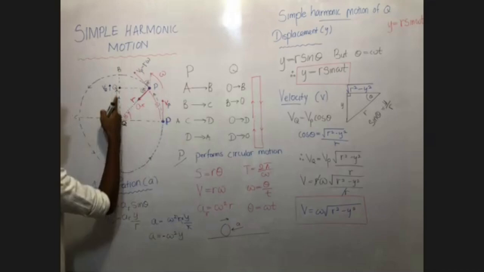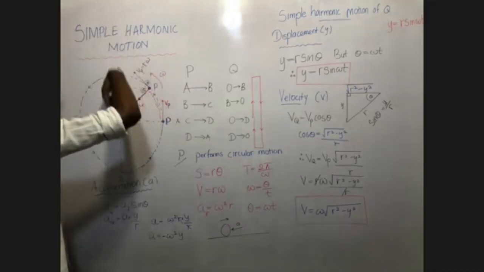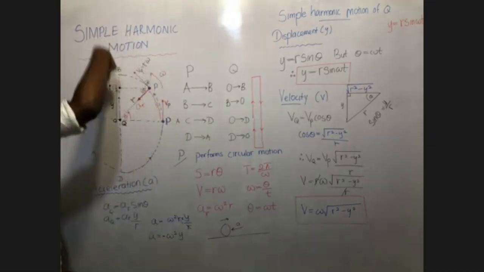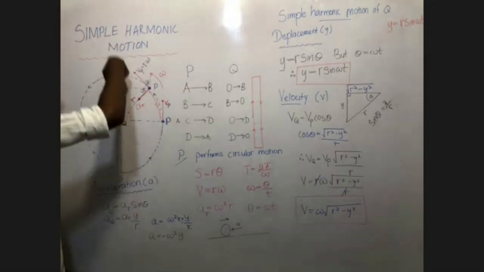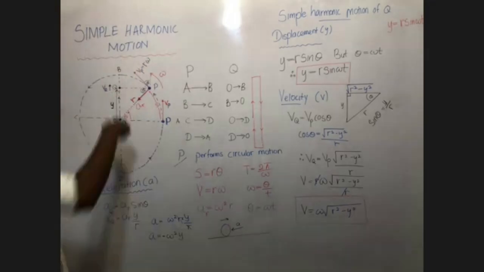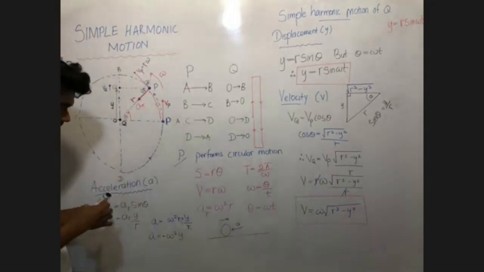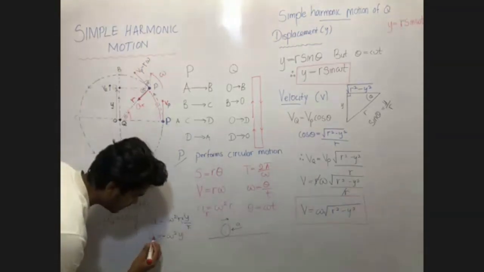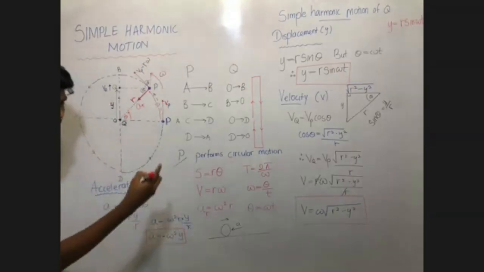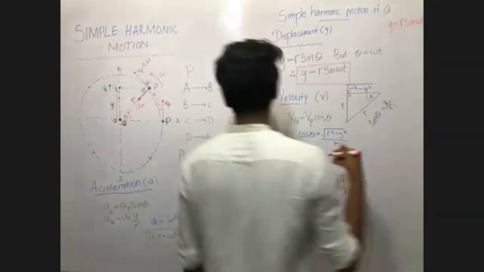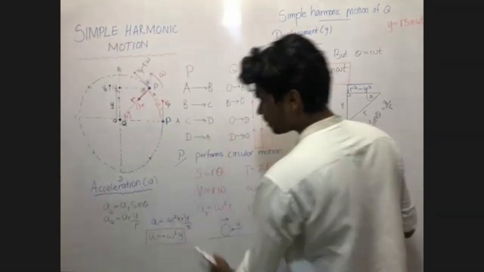The particle Q is moving upward, acceleration is downwards, so minus. It is directed towards the center. So therefore, I included a minus mark. So now A is equal to minus omega squared y.